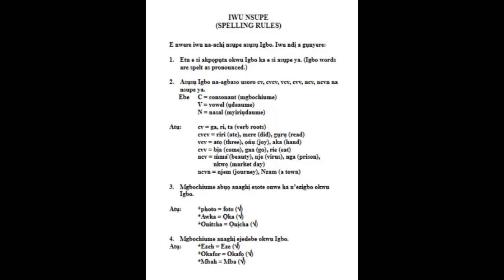The one with the asterisk is the anglicized version. It is not a proper Igbo spelling. Onisha, Onitsha. The correct spelling is Onitsha. That is how it is pronounced. That is how it is spelled. Onitsha. So we have photo, Oka, Onitsha.